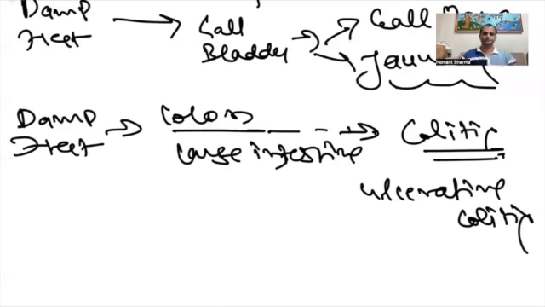So in this way, the colitis and the ulcerative colitis is the condition. There is an inflammation in the colon. इस व्यक्ति को कोलोन में इन्फ्लेमेशन हो जाता है, or colon or the large intestine.